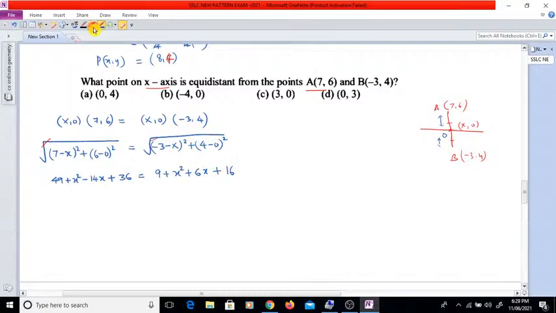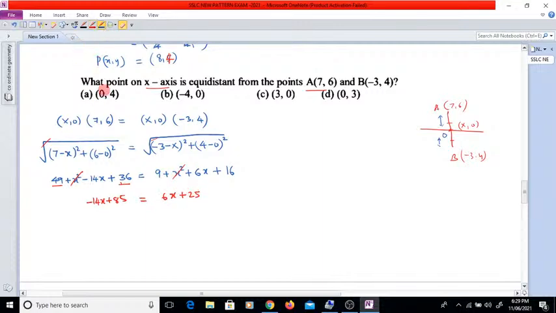Now we can cancel x square on both sides. So x square gets cancelled. Here 49 plus 36 is 85, 9 plus 16 is 25. So this is minus 14x plus 85 equals 6x plus 25.